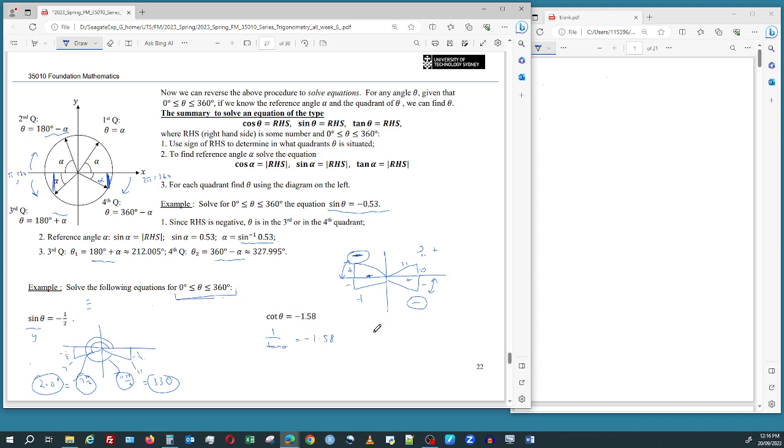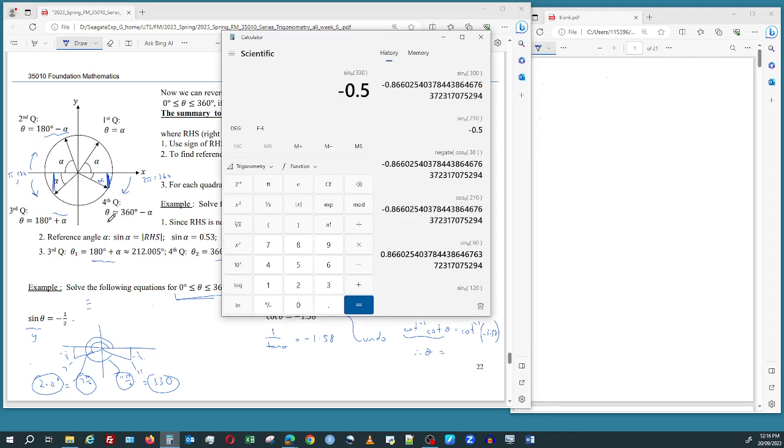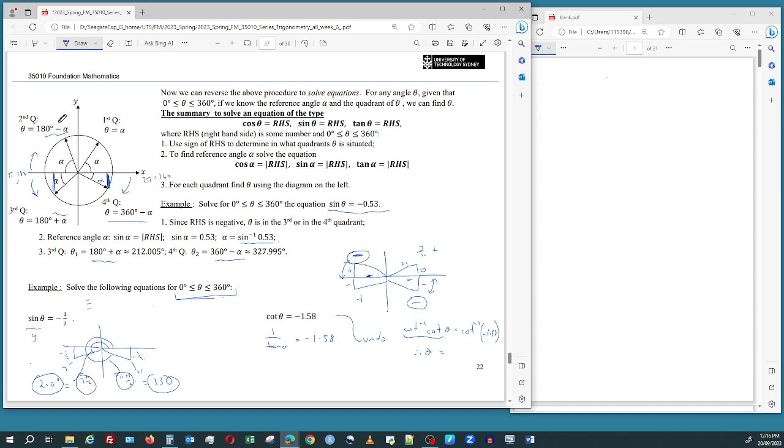So to do cot, our instinct says undo. So we've got cot to the minus 1 of negative 1.58. That's undo, so therefore theta is equal to, remember that they are in degrees, so we don't want to overcomplicate things. Your intuition should kick in.